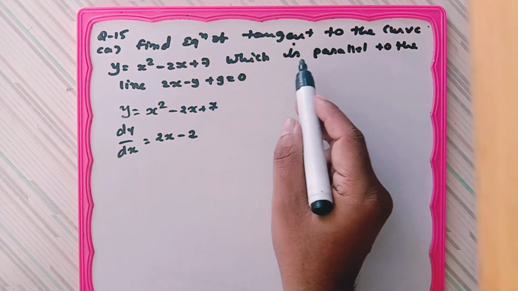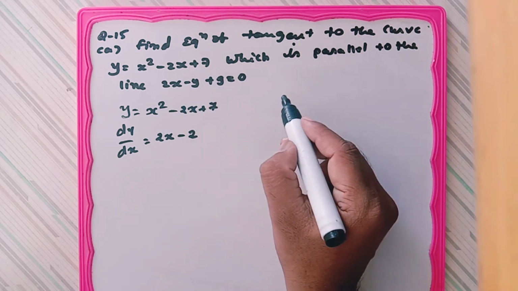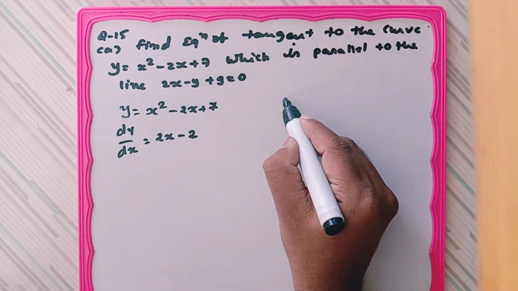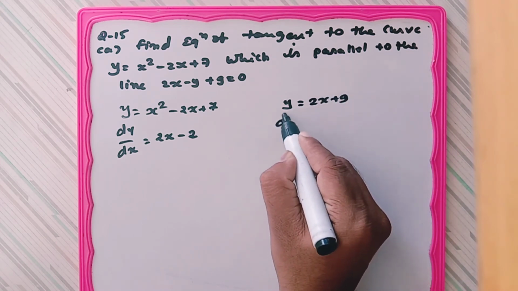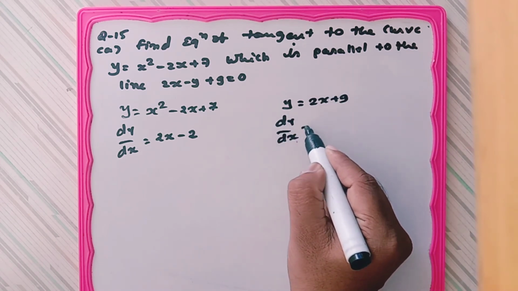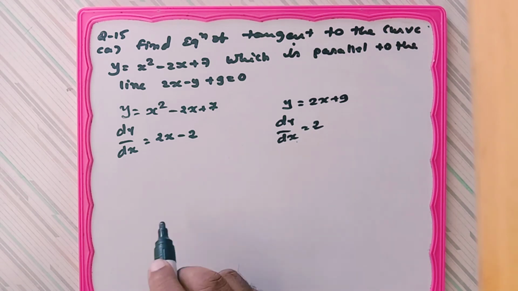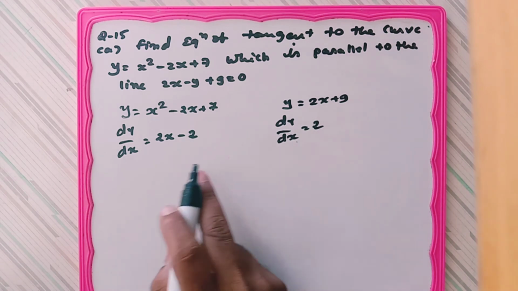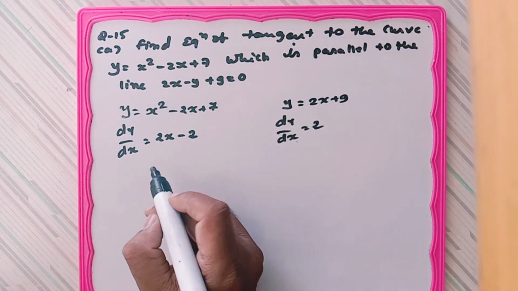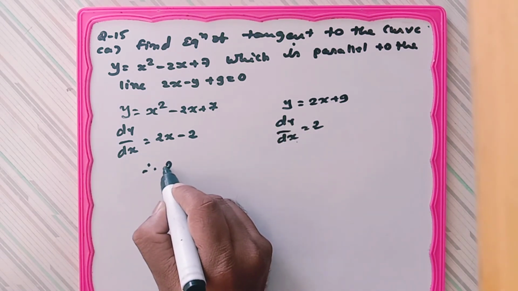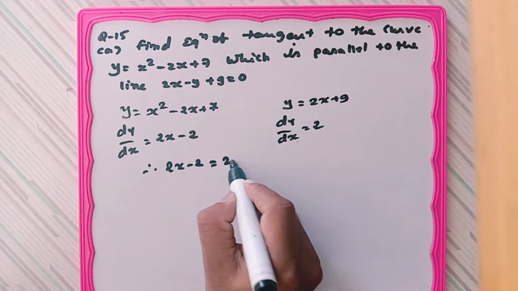Now the tangent is parallel to the line 2x minus y plus 9 equals 0, and so y equals 2x plus 9. We differentiate with respect to x, then dy by dx equals 2. Both slopes are equal as the tangent is parallel to the line, so 2x minus 2 equals 2.